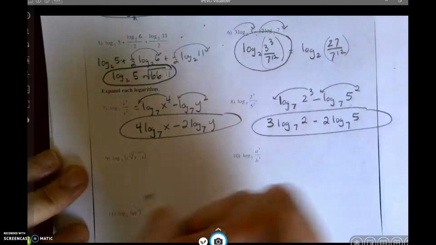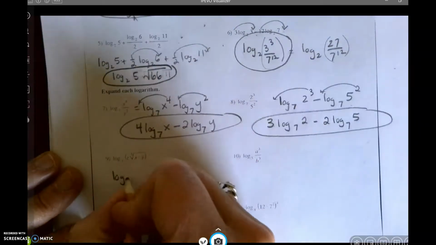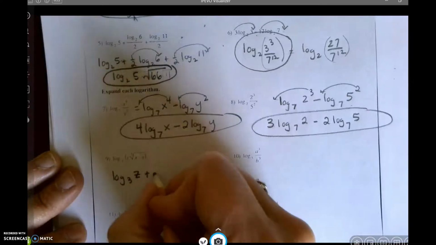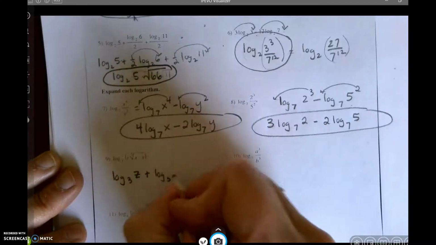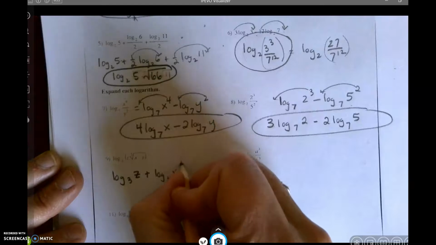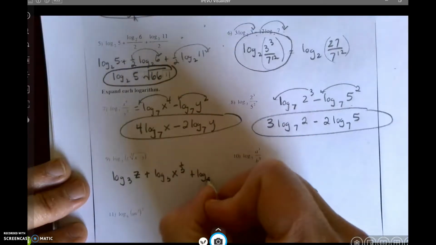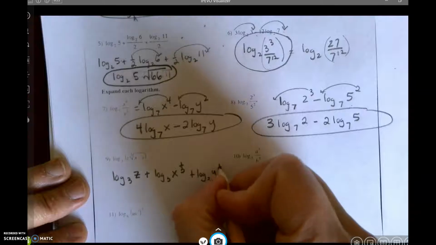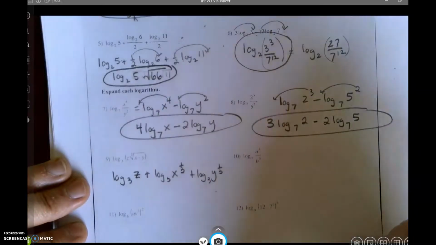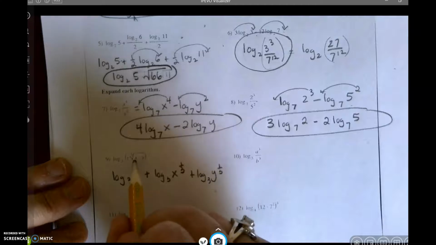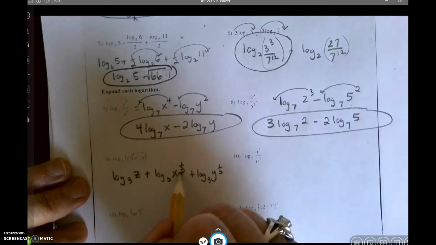So next one, I've got log base 3 of z plus log base 3 of x to the 1/3 plus log base 3 of y to the 1/3, because that cube root is on both of those, and cube root is the 1/3 as an exponent.